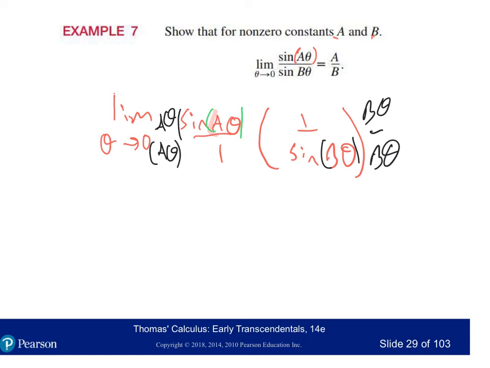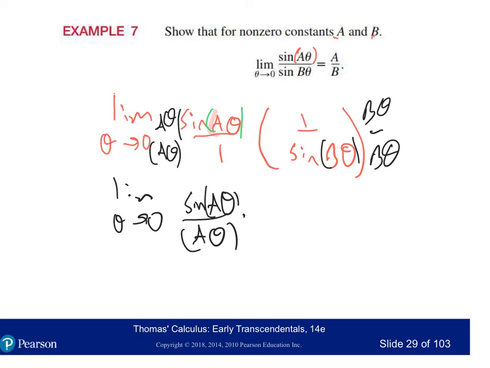So let me rewrite everything to make it look pretty. Limit as theta goes to 0. I'm going to keep the sine of a theta with the a theta, times the a theta, times, this is my 1, b theta over sine of b theta, keeping those two together. And what is still in the problem? There's still an extra b theta in the denominator.